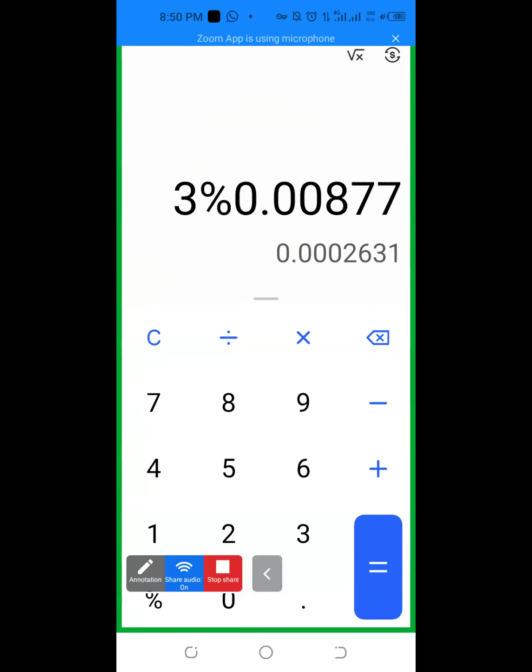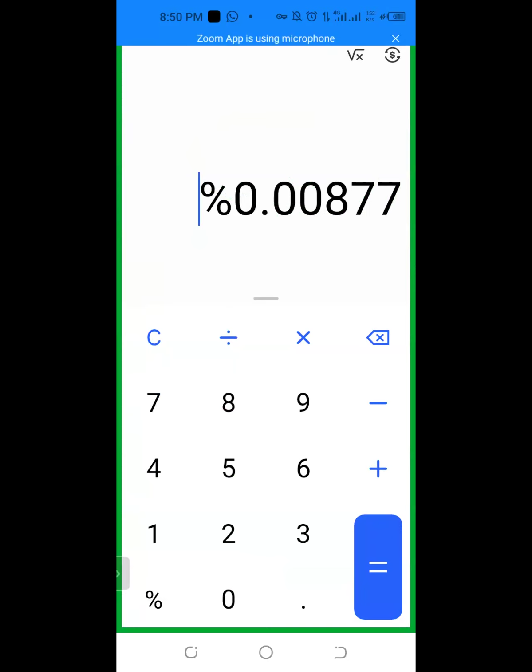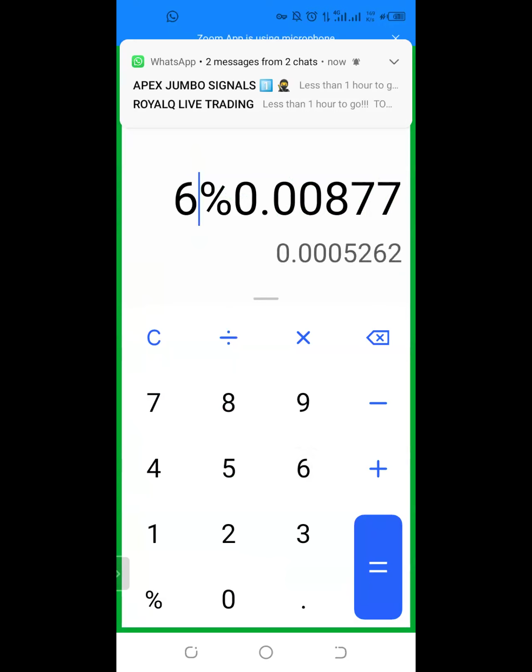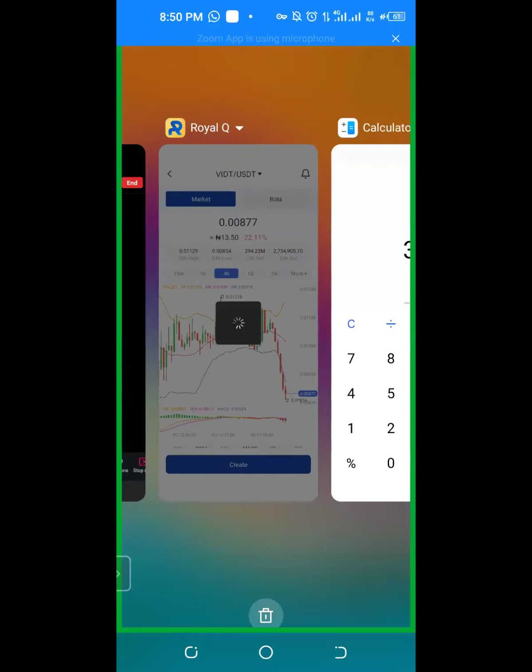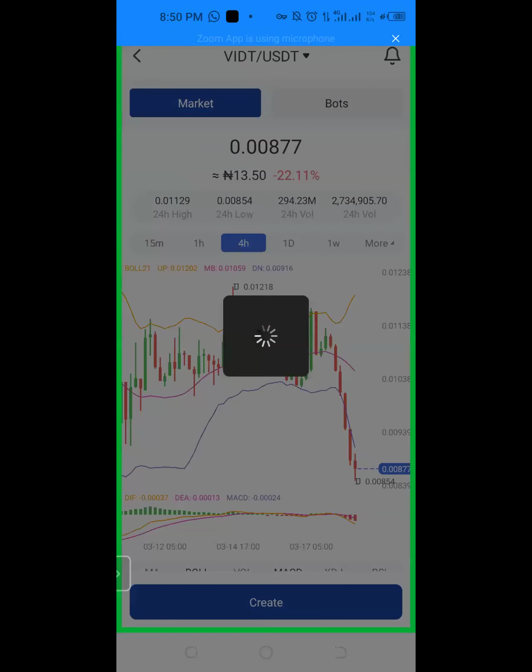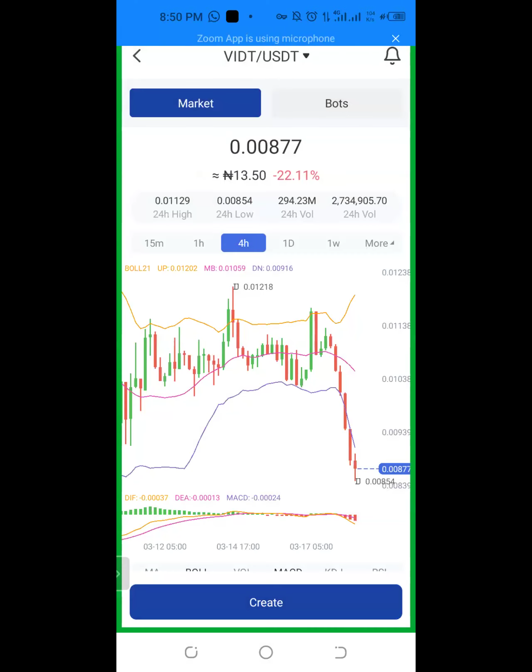So let me change it to 5%. It's not up to it, if I do 6%, it's not up if I do 7%. So I need to do 6.5% or 6.8% or 6.9%. If I take 6.9%, it will reach that higher price. But to be on the safer side, just take like 3%. That's the way you calculate your take profits if you don't want to use the profit margin tool on TradingView.